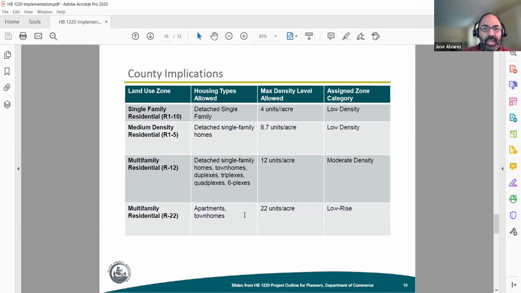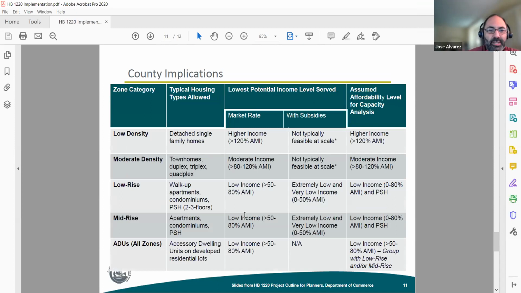And then on the next slide, that fits into those low density zone categories on the left-hand side. Again, with the typical housing types allowed and where they're likely to fall in terms of the income threshold on those income bands. One of the things that we'll see is that essentially the low density and moderate density, what we've been discussing and talking about, really the townhomes, duplex, triplex, quadplex, meet that 80 to 120% band.